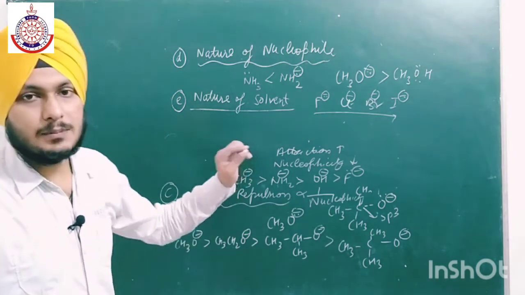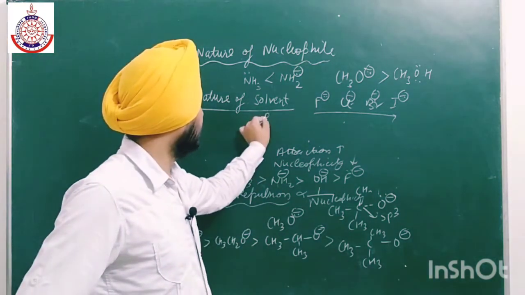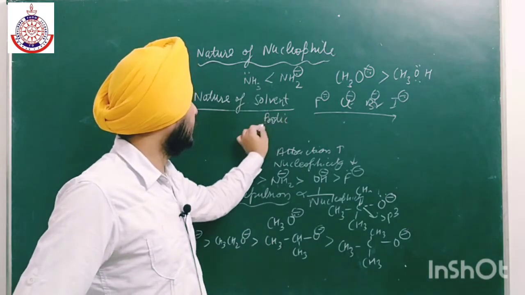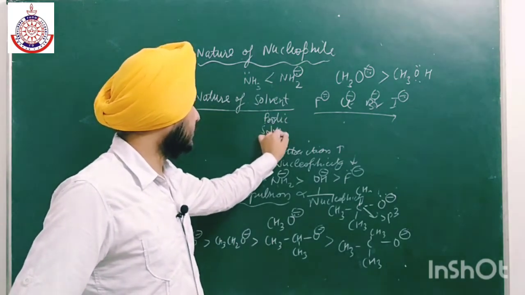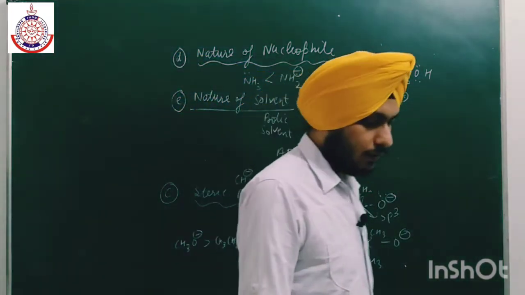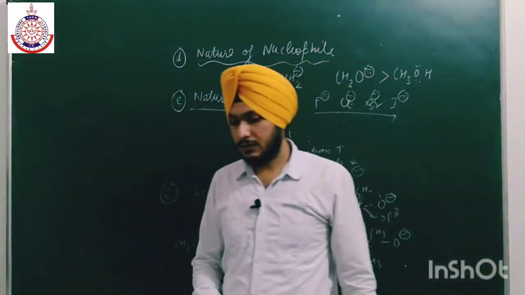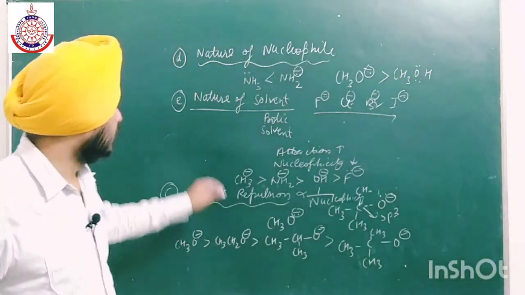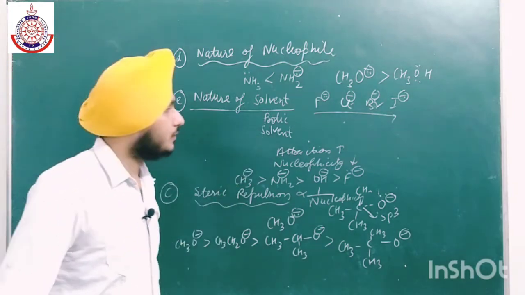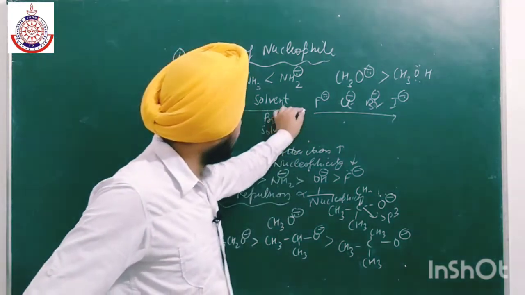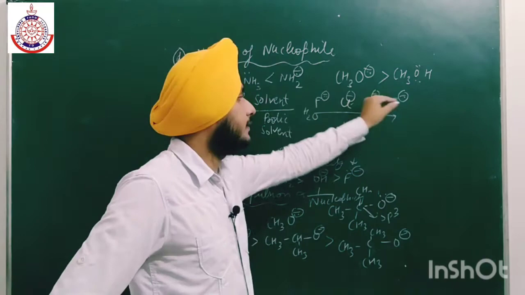Now if we are taking a polar protic solvent like water, and if the solvent is not mentioned, you have to take it as water, because water is a universal solvent. So water can easily solvate these ions.